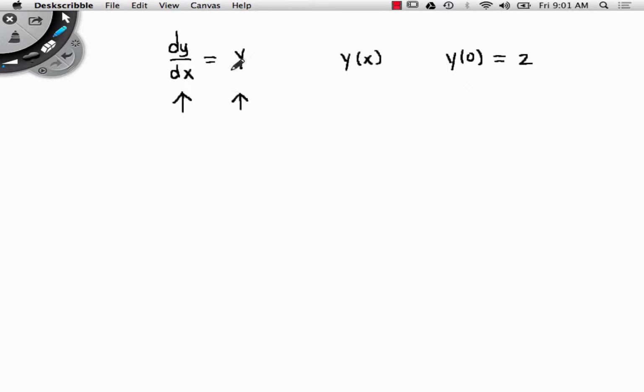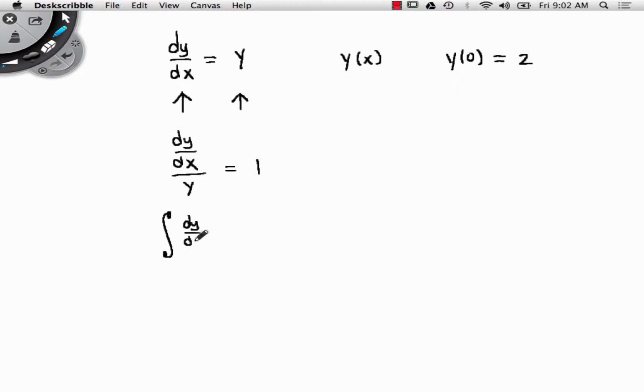Now, here's what we do. We're going to divide both sides by y, and so we're going to have dy dx over y equals 1. Okay. Now I'm going to anti-differentiate both sides. So I use the integral.